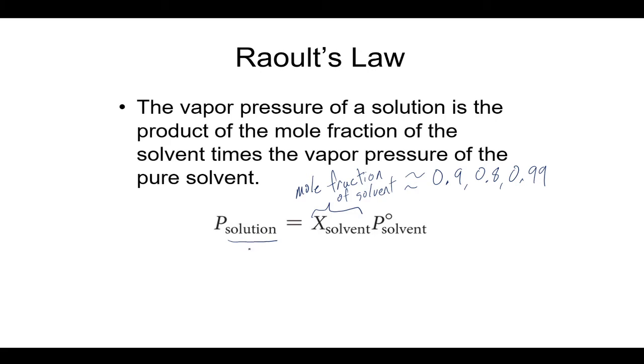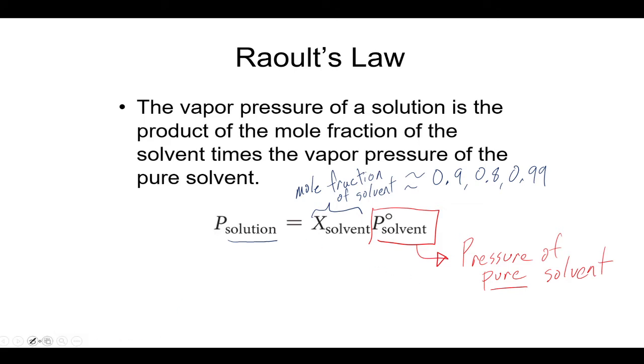So the vapor pressure of the solution above, once I mix in some solute, is going to be lower than the pure solvent. So this notation here is the pressure, and in this case, the vapor pressure of the pure solvent.